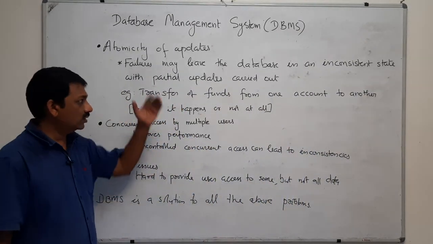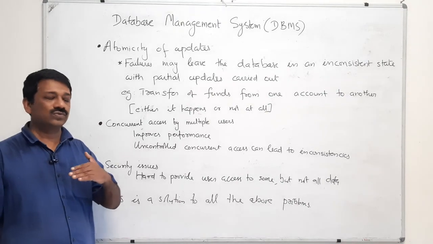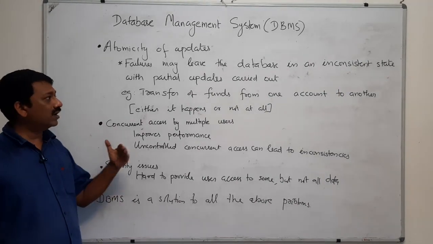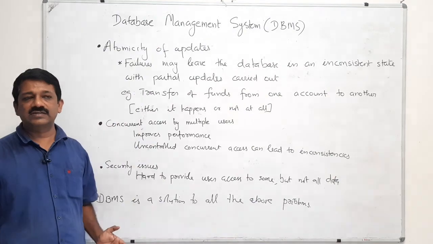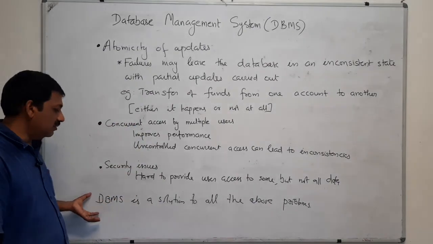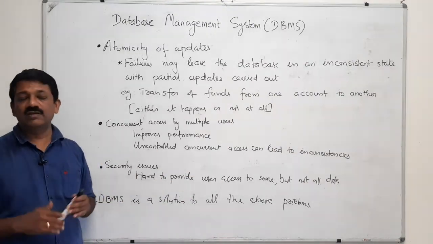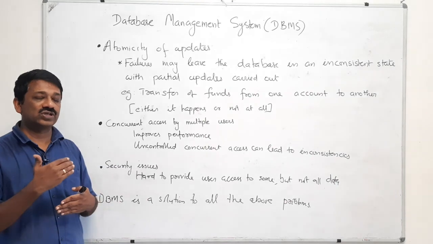These are the issues we have to take into account when dealing with file systems, or these are the drawbacks of file systems, and a DBMS is a solution to all of these problems.